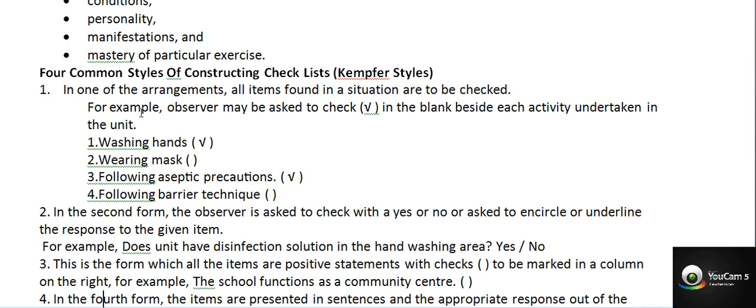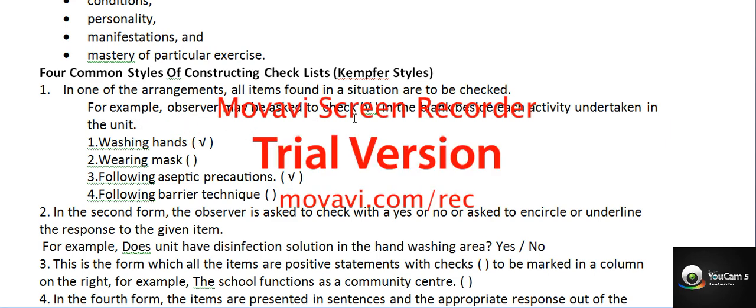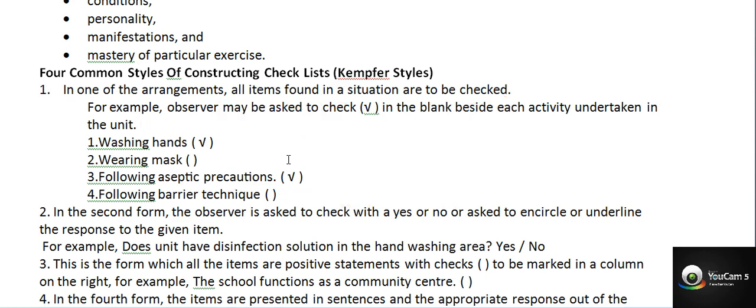In the example here, the observer may be asked to tick in the blank beside each activity: washing hands, wearing mask, following aseptic precautions, following barrier technique. Whatever has been observed, you put a tick. This is a simple checklist which can be prepared for all kinds of procedures.